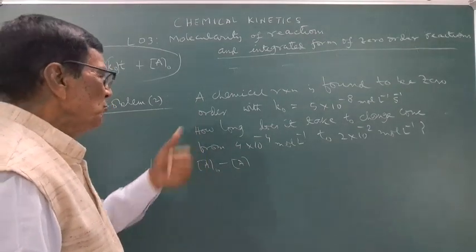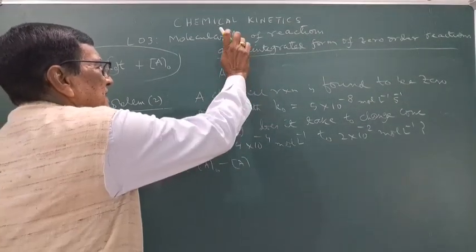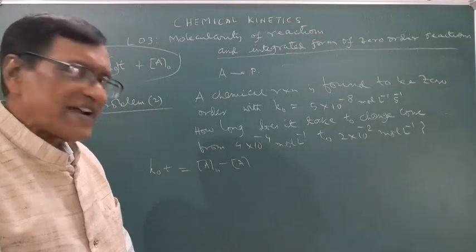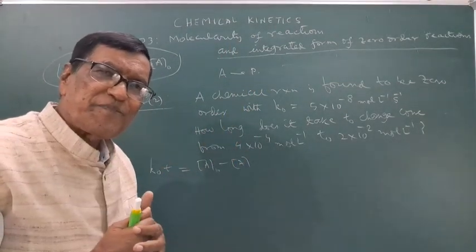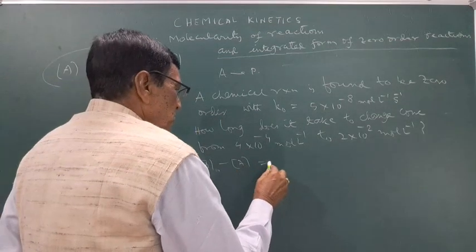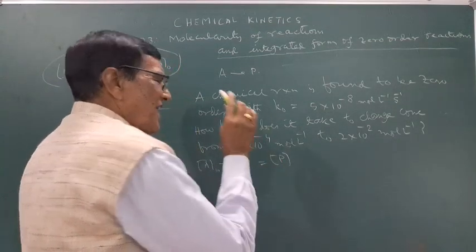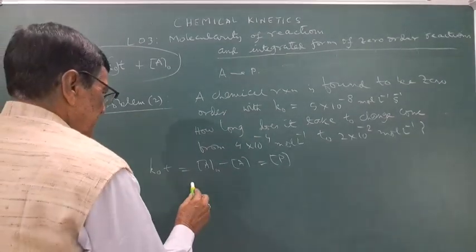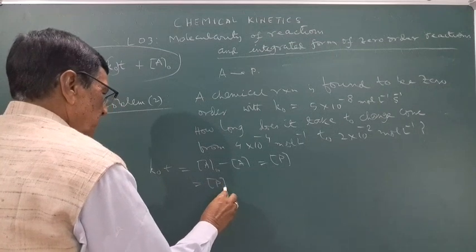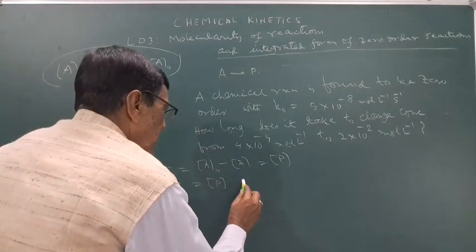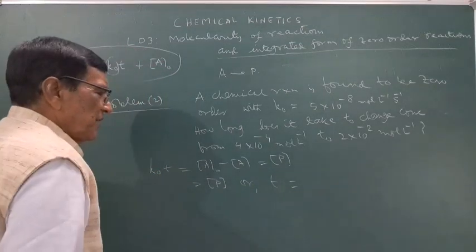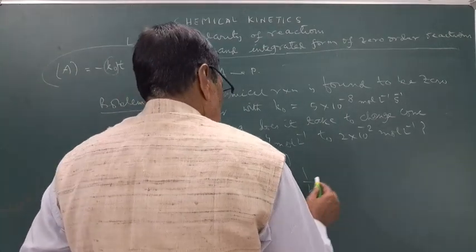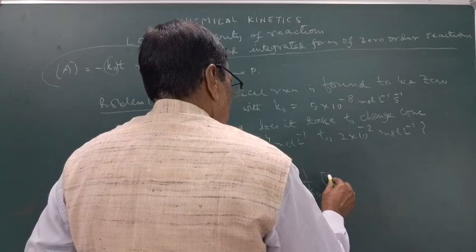So actually A to P reaction, this is the initial concentration of this reactant and this is the concentration after the time T. So this difference is equal to concentration of this product. So T, the time required, equals 1 by K naught into concentration of P.